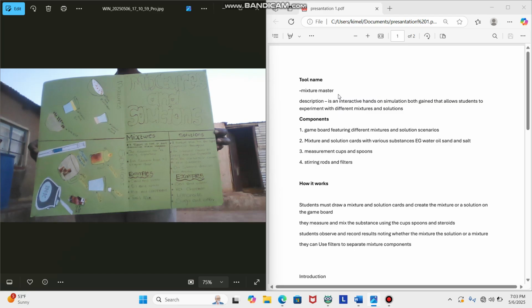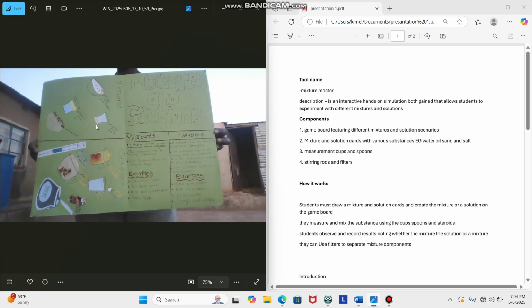I've written down some points where I'll be explaining how this Mixture Master board works. Mixture Master is an interactive hands-on simulation game that allows students to experiment with different mixtures and solutions.